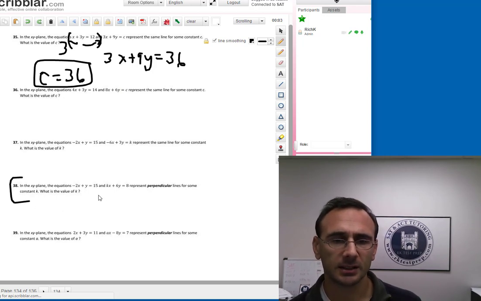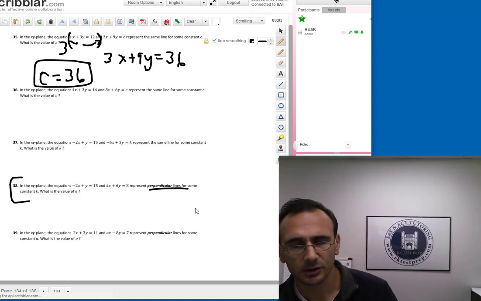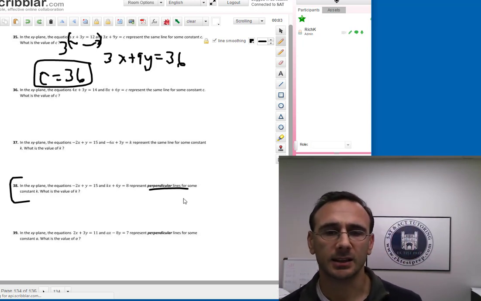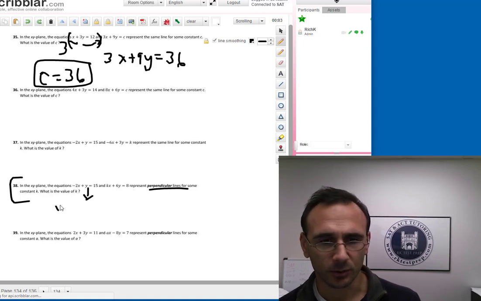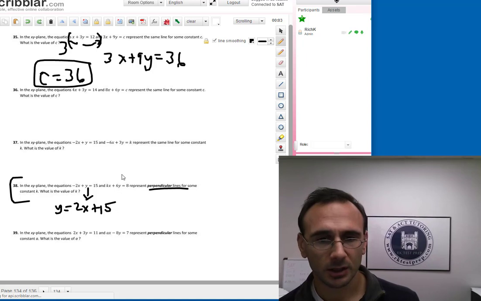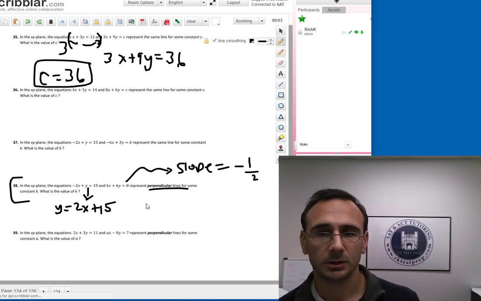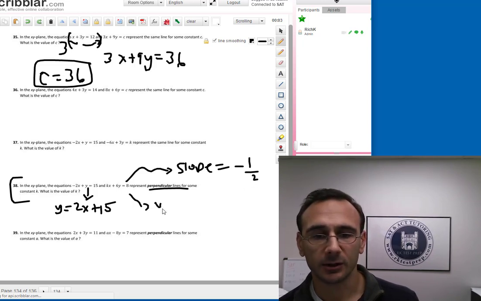Jumping down to 38, these two equations are perpendicular lines. The number one thing we think of when they say perpendicular is that their slopes are the opposite reciprocals. So I put this into y equals mx plus b form, and I get that the slope there is 2. So the slope of this one is going to be negative 1 over 2. Solving for y here, we get that y is negative k over 6 x plus 8 over 6.